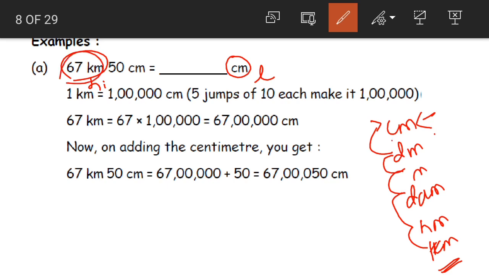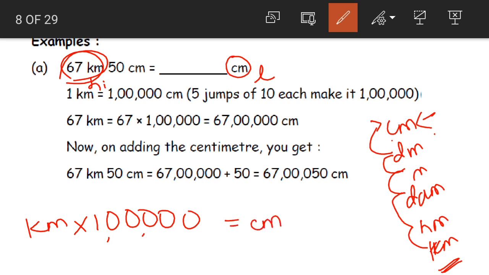So we need to multiply our kilometers by 1 followed by 5 zeros. 1, 2, 3, 4, 5. That is 1 lakh. When we multiply our kilometers by 1 lakh, we will get our centimeters. Clear children? When we have to convert kilometers into centimeters, there are 5 jumps needed to reach centimeters.